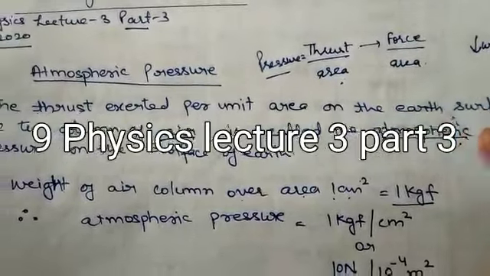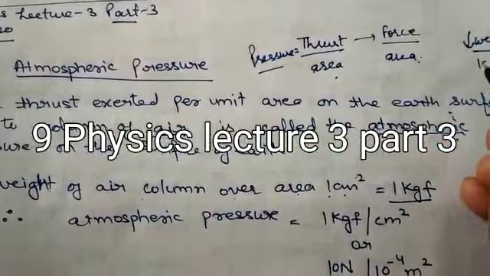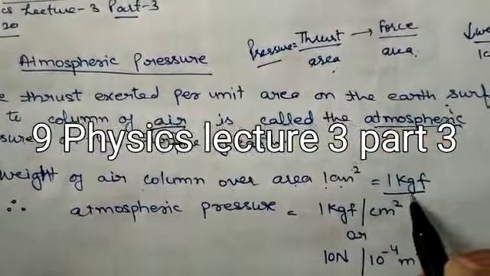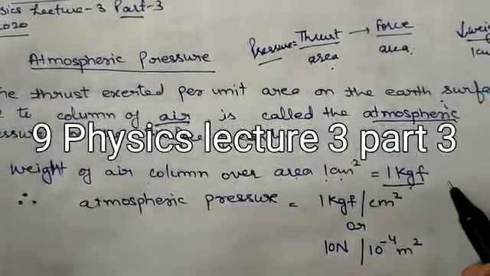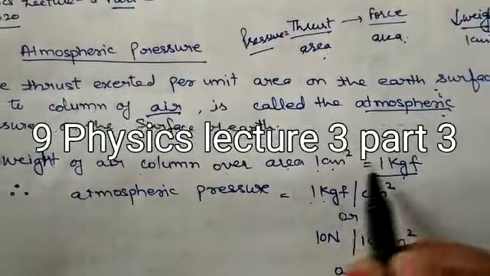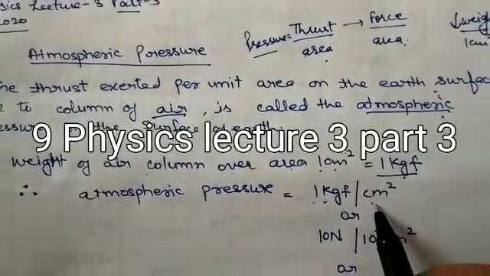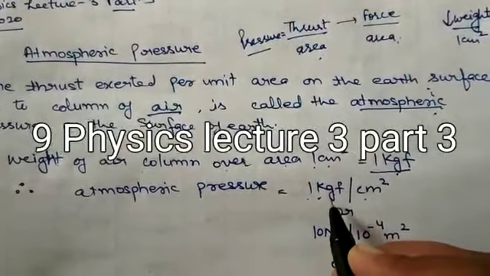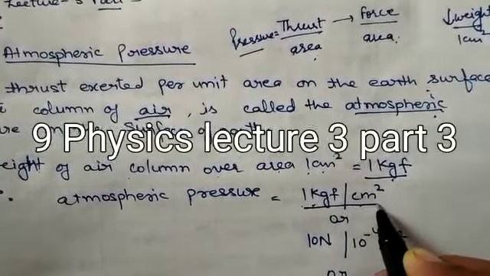So the weight of the air column over the area of 1 centimeter square is 1 kgf. It means 1 kgf is the thrust and 1 centimeter square is the area, so the atmospheric pressure exerted on us is 1 kgf per centimeter square.